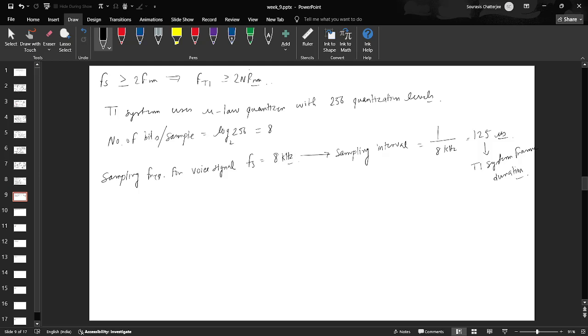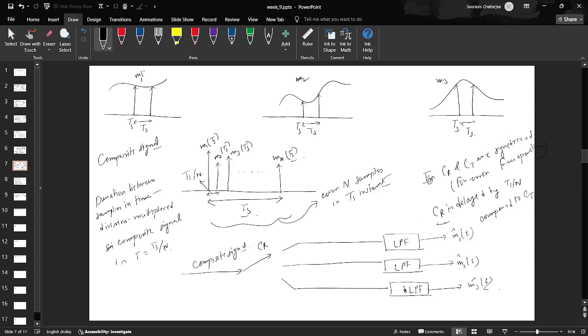24, right? But that is not actually true. Total number of bits per T1 frame. Remember we talked about the synchronization pulse, which makes the gap between the commutator on the transmitter and receiver side Ts over n.